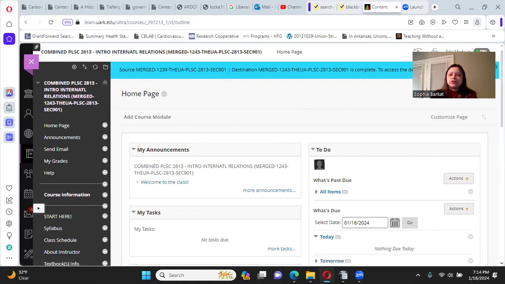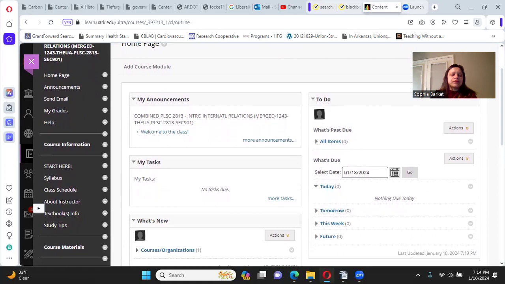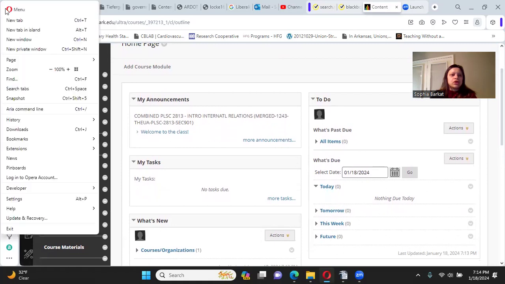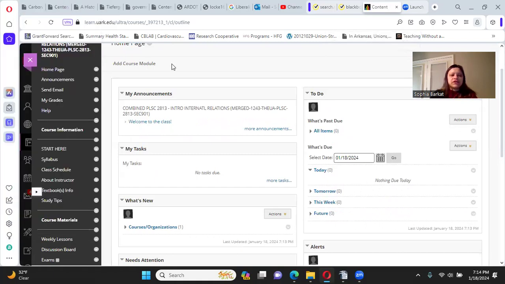If you have a smaller computer, it may not show, in which case zoom to 90%. So go to zoom and then reduce it to 90%. You should be able to see the left-hand menu, okay?